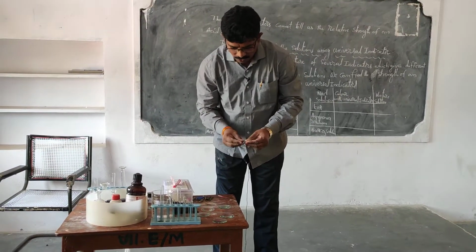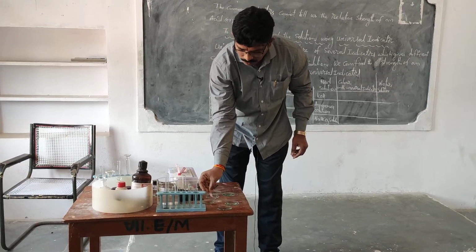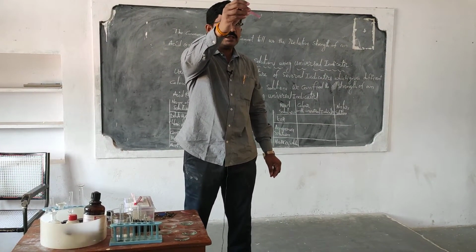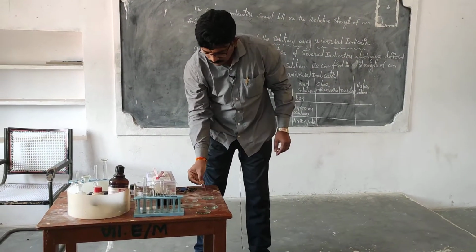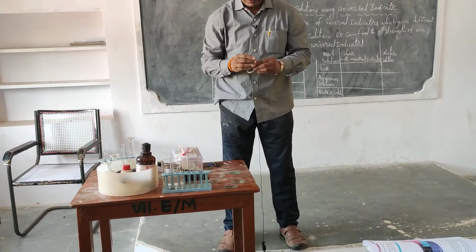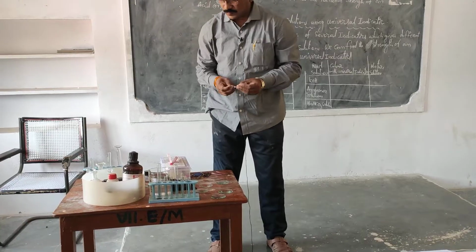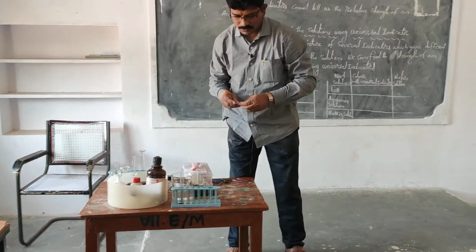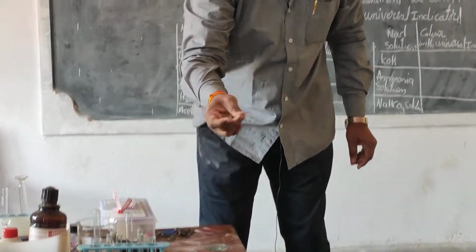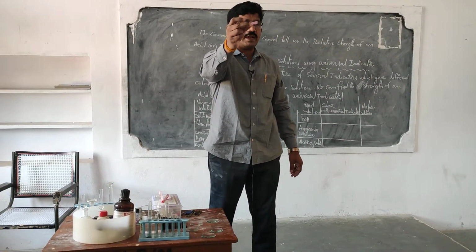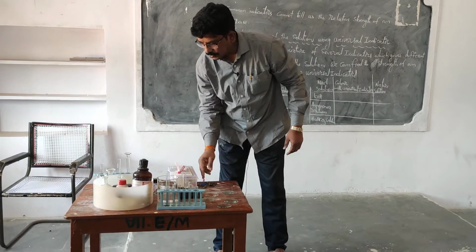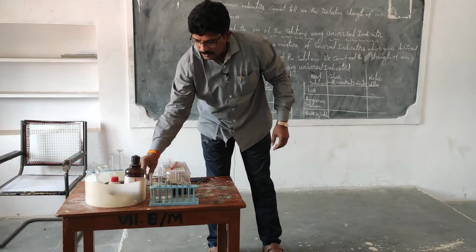Now see, in one more solution I am testing. See this one? There is no change. Do you find any change? There is no change. Once again I am testing.